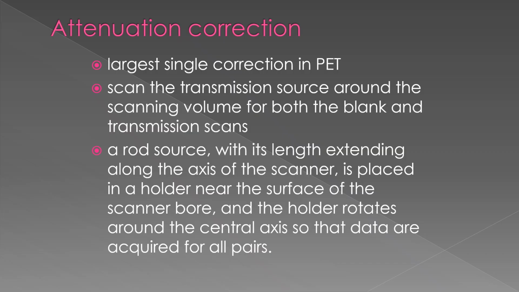The robotic arm will pull out the pin or the rod source, and it will use that for the transmission scanning, and then it will retract back into the scanner, and the patient will be scanned from there. So that's only done in standalone PET, the transmission source, when you don't have a CT attached to it. It's kind of like an alternative way of creating a density map.